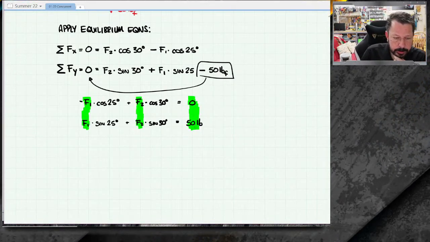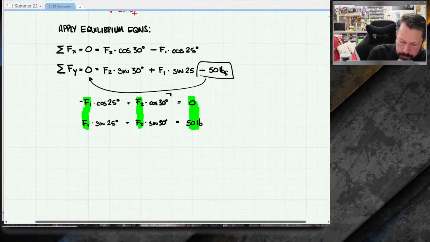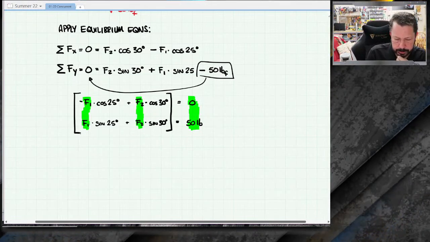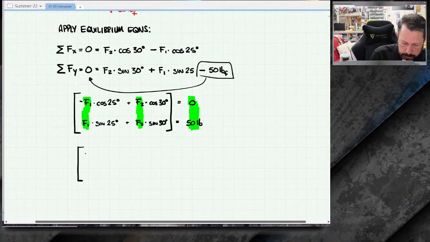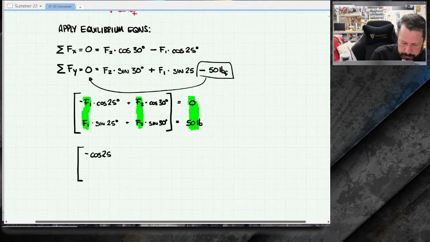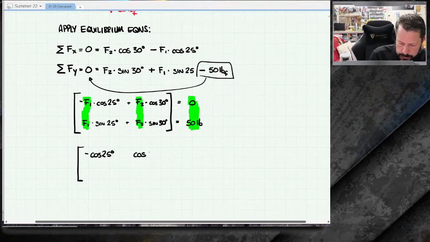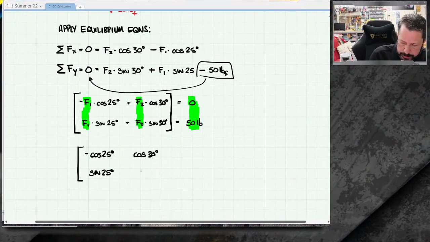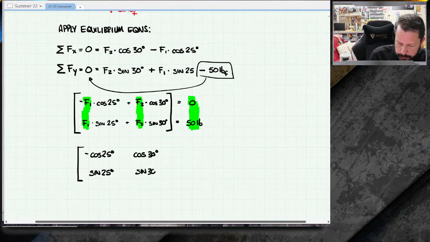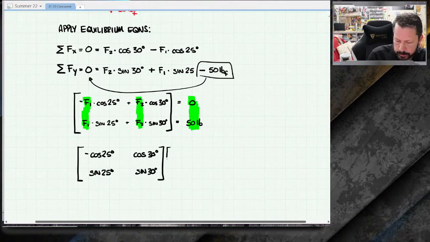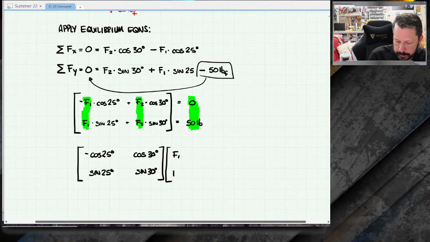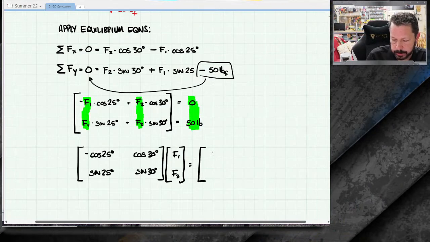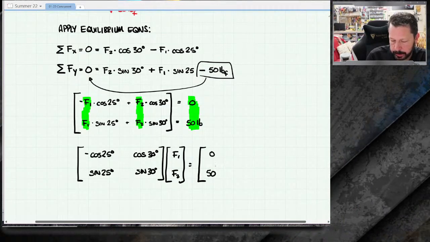So this ends up being two matrices. A matrix here full of coefficients. So that matrix would just be negative cosine of 25 degrees, cosine of 30 degrees, sine of 25 degrees, and sine of 30 degrees, times F1 and F2, equals what's called the residuals, 0 and 50.